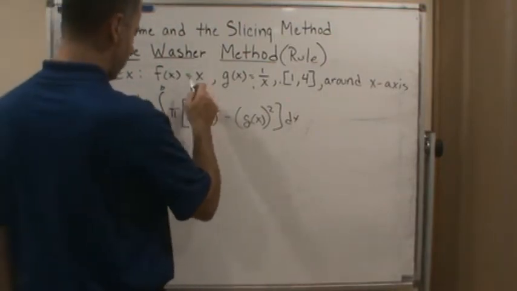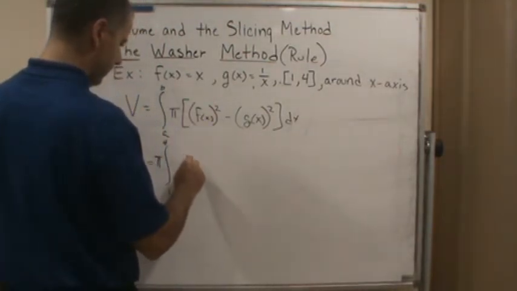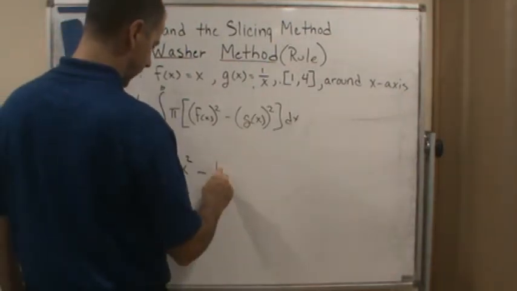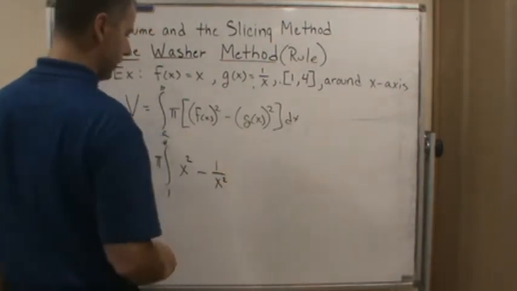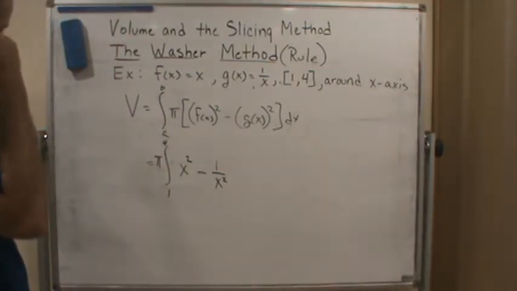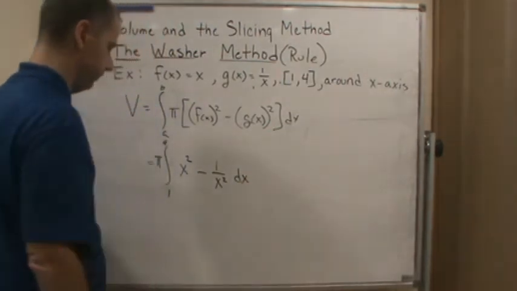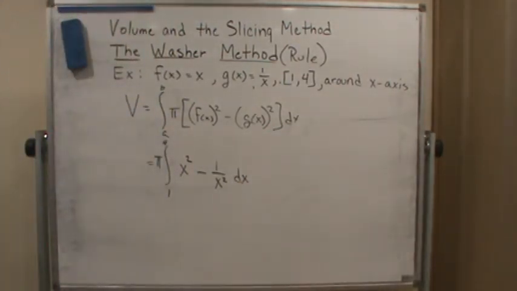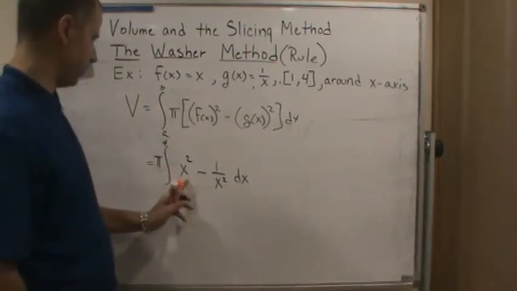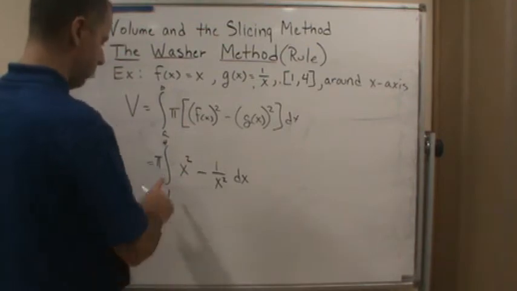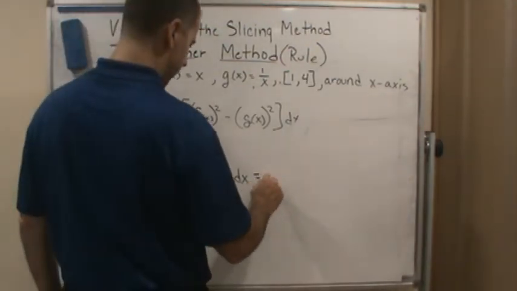And so this is going to be x squared minus 1 over x squared, because I'm squaring them already. And this is dx. And again, just make sure that it was done right: f of x squared minus g of x squared, and I pulled the pi out.